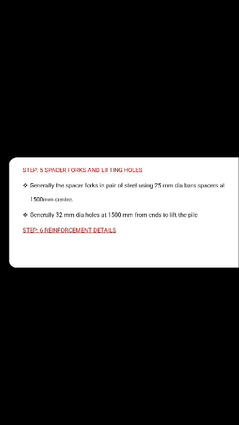Next step is reinforcement details. You can see the reinforcement details, and from the top, helical reinforcement of 8 dia at 100 center to center is given inside the main reinforcement.